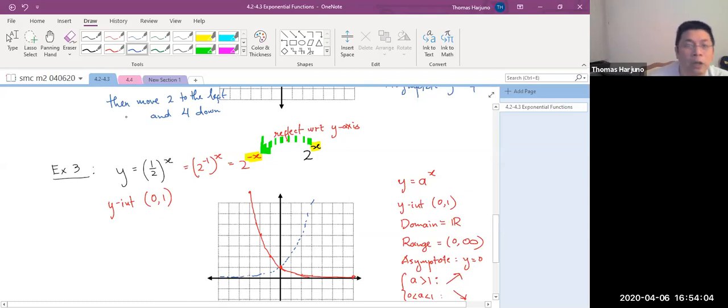Well, anyway, you can just plot it the way I did earlier, because the base is 1/2, then every time I move to the right, I multiply by 1/2 the previous value, 1/2 the previous value, 1/2 the previous value. Or in this case, it happens to be something we can do reflection on the previous function we have. But the first method is still the one that you need to know.